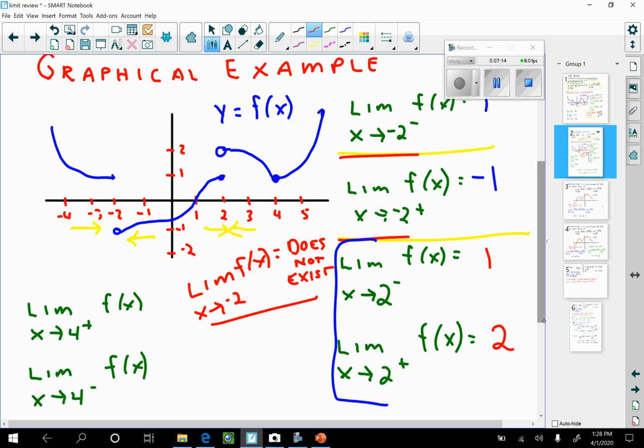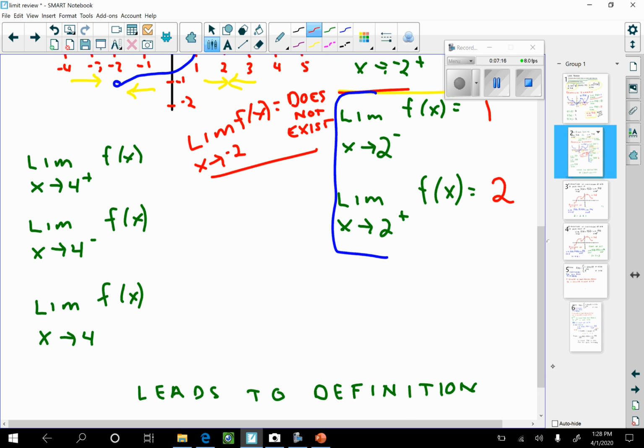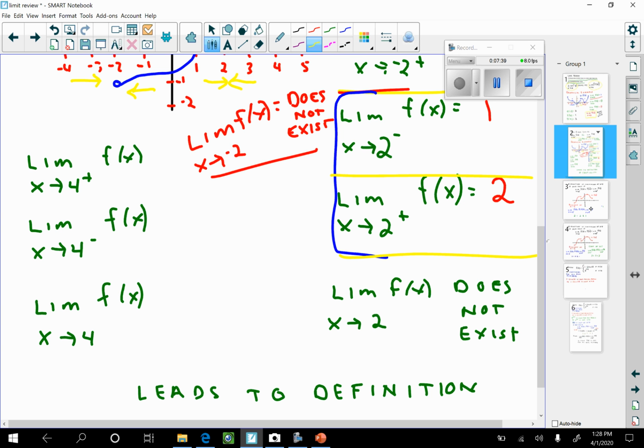So what can I say? You betcha. I can say that this limit as x goes to 2 of f of x does not exist, since the left-hand limit doesn't equal the right-hand limit. Okay? I did the same thing over here.